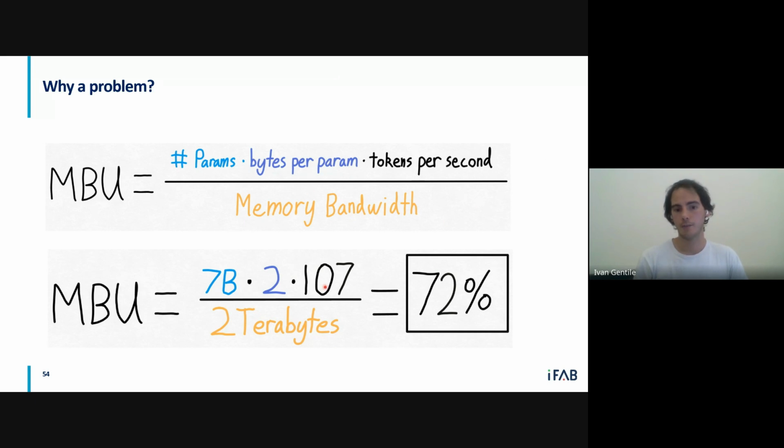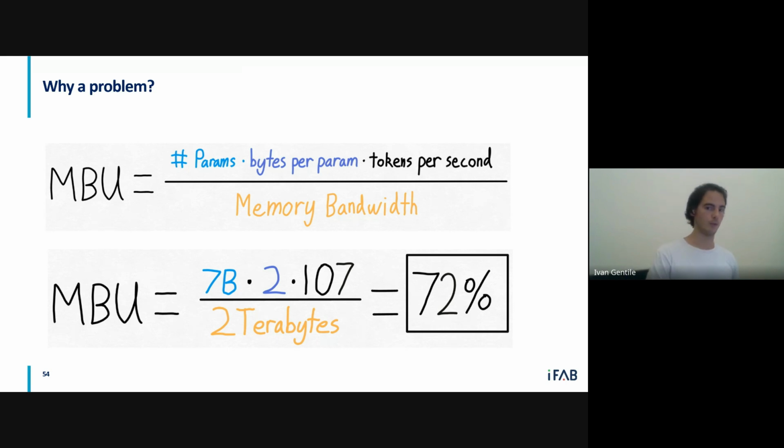And then he has this number of tokens per second that was already improved from 25 to 170. If you divide by the memory bandwidth of the A100, which has a theoretical limit of 2 terabytes per second, then we're already at 72% of this theoretical limit, which means that you cannot really improve that much. He says that even simple operations such as copying memory already get you 95% of memory bandwidth utilization. So you have little room to improve.